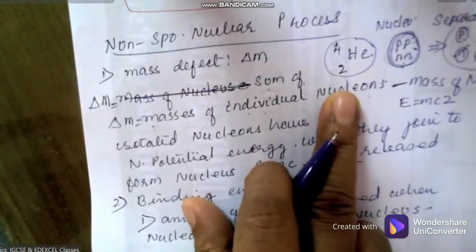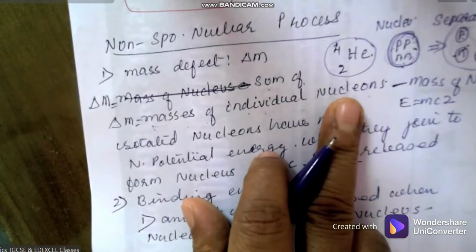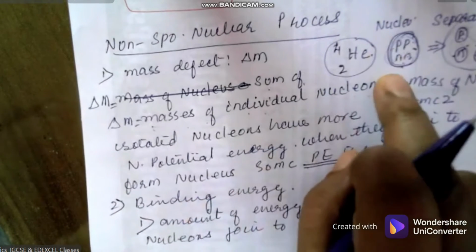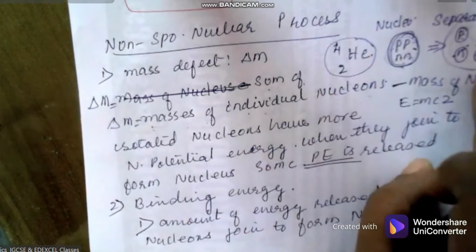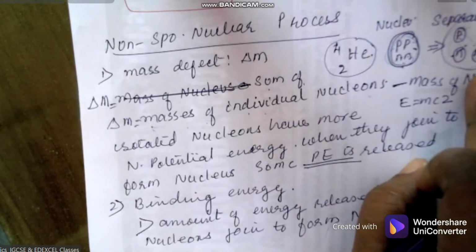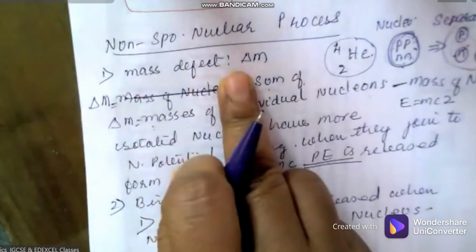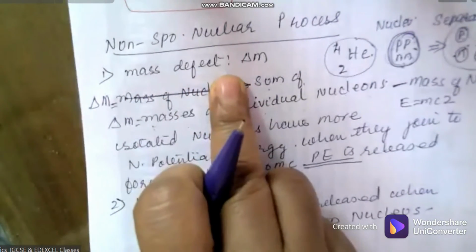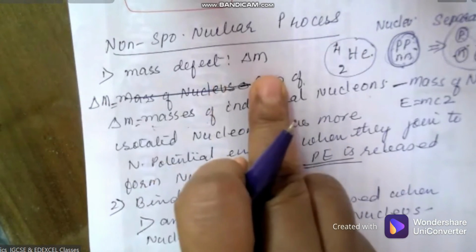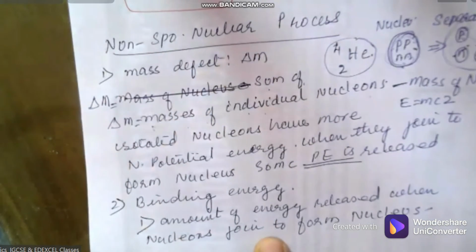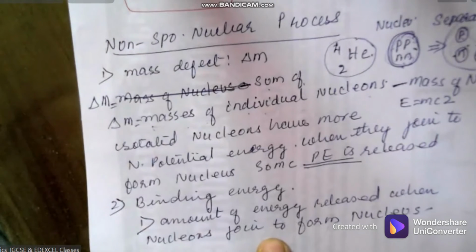Now here I told you there is a mass defect. Every nucleus will have a mass defect. That means the mass of the nucleus is less than the individual masses. So this mass defect, this difference in the mass, when you convert it to energy using E is equal to mc square, is exactly the same as the amount of energy released.